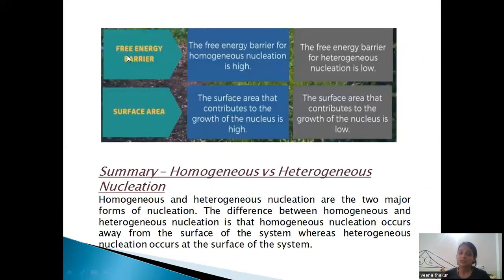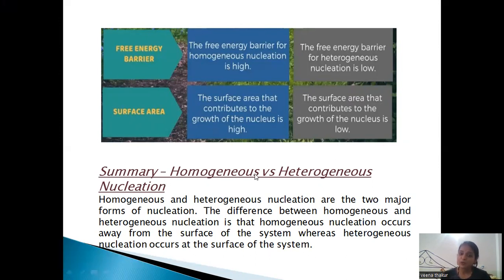The free energy barrier for homogeneous nucleation is high, and for heterogeneous nucleation it is low. On the basis of surface area, the surface area that contributes to the growth of the nucleus is high for homogeneous nucleation and low for heterogeneous nucleation.